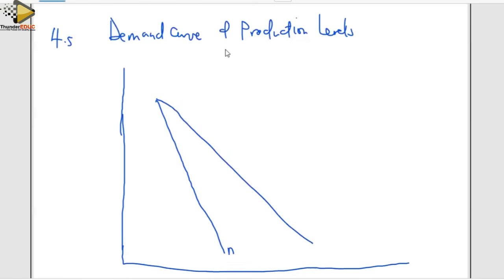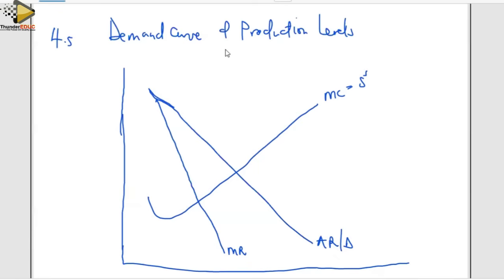This is our marginal revenue. This is our average revenue, which is the demand curve. Then we can also look at it from the perspective of the marginal cost. And our marginal cost, remember, is equal to the supply curve.